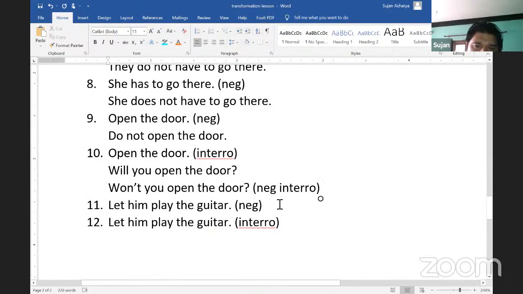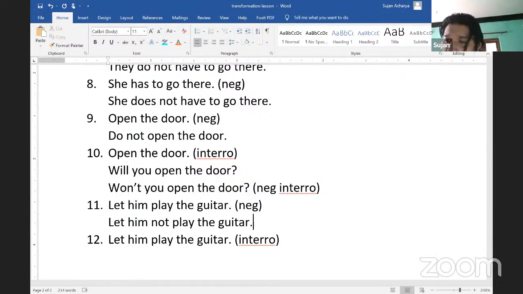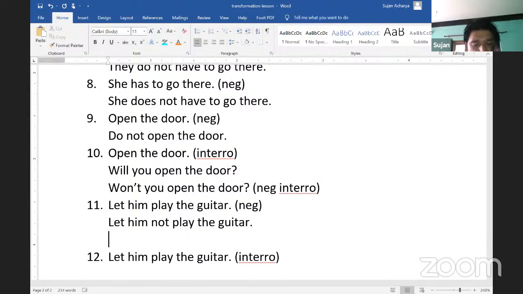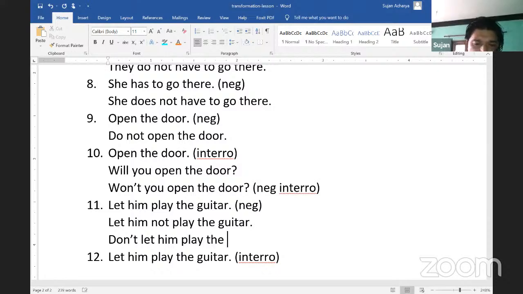Let him play the guitar. Negative. Let him play the guitar. Let him not. Let not him is not correct. Let him not play the guitar. Or don't let him play the guitar.